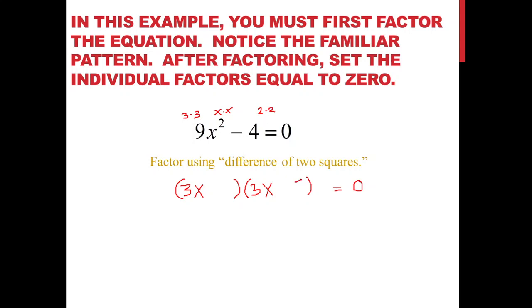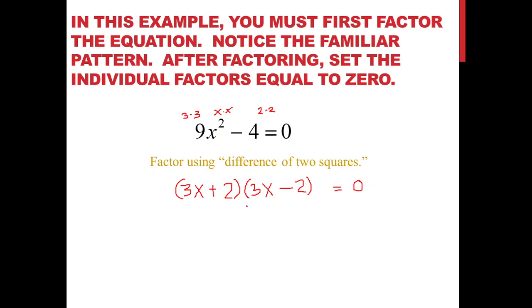And here 2 and on the other side is 2. Now since this is a difference of two squares, all you need to do is to input the plus and minus sign on each factor. Therefore, the factors of 9x squared minus 4 is the quantity 3x plus 2 times the quantity 3x minus 2.